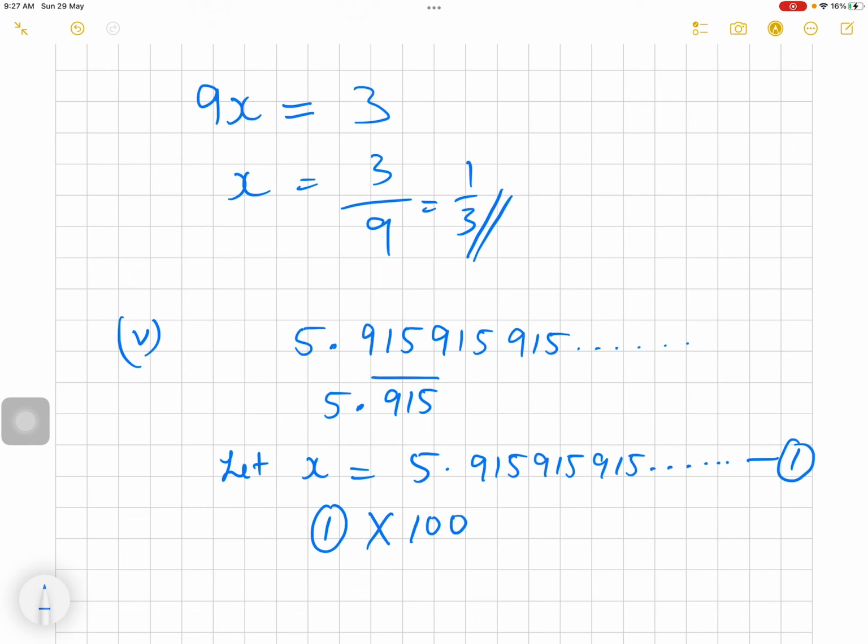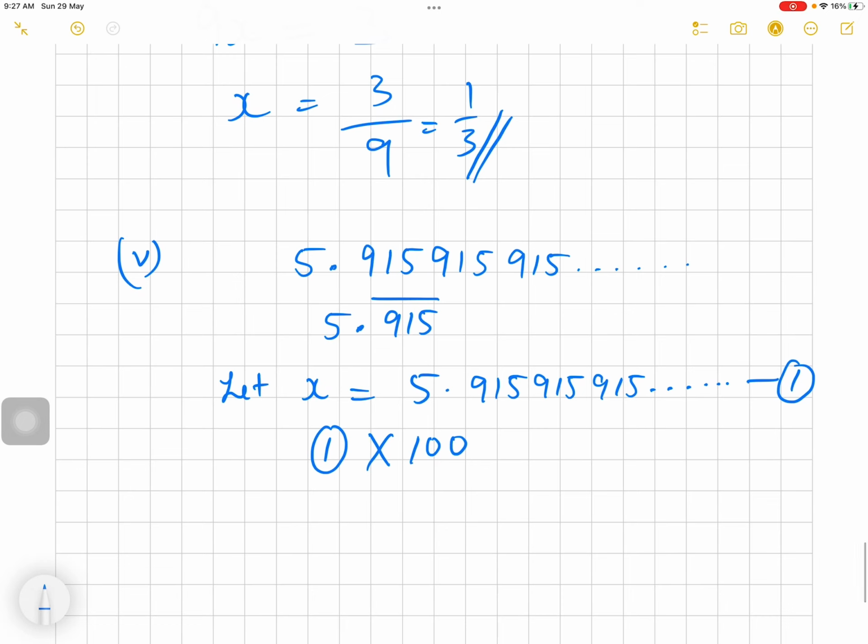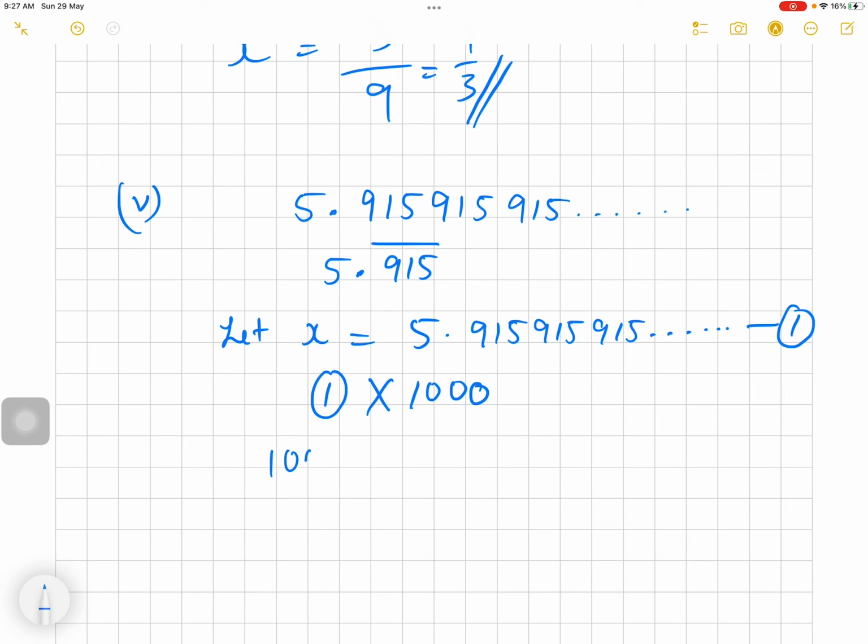I'm multiplying the above x by 1000. So now 1000x is equal to 5915.915, right?